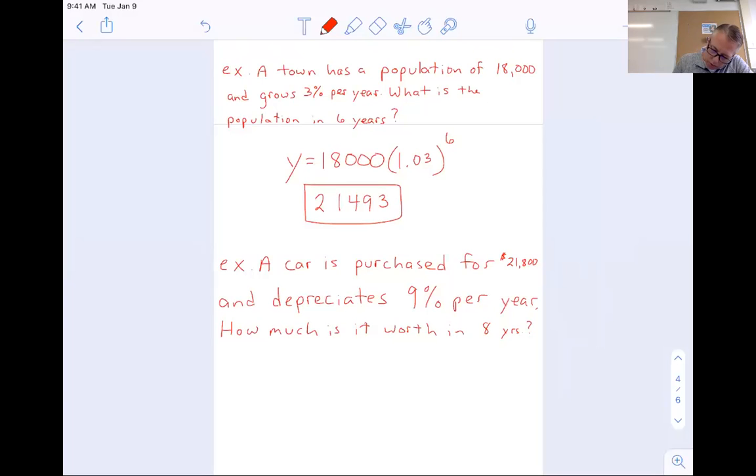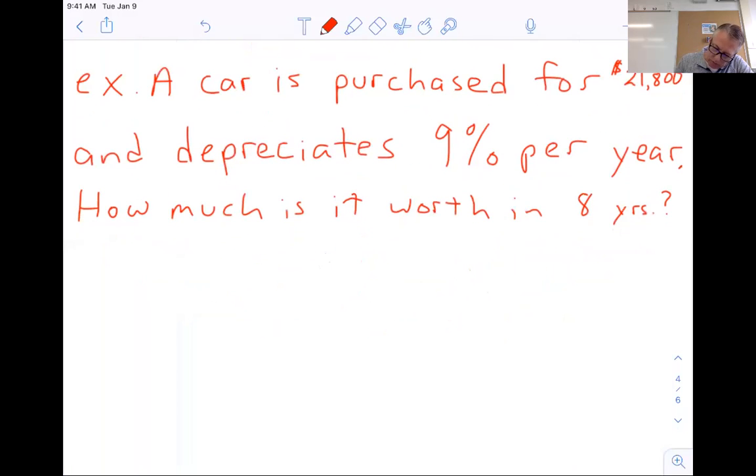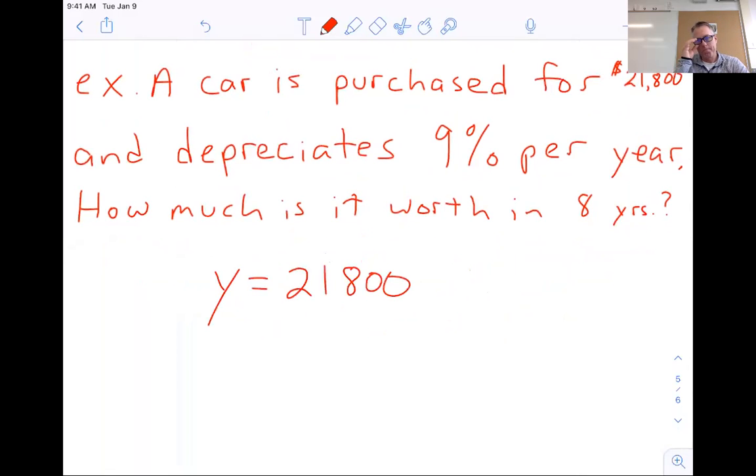So our equation, we have y equals, we want to know how much, so the final amount. Our initial amount is 21,800. And now this is going to be 1 minus 0.09 because it's depreciating, it's going down.